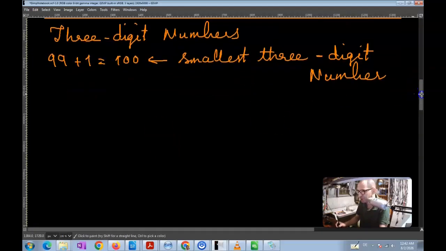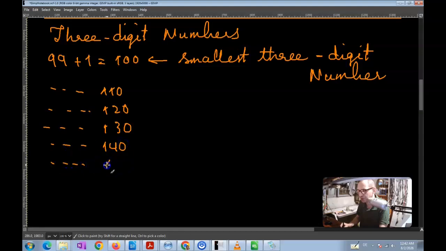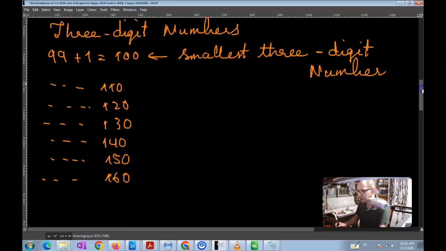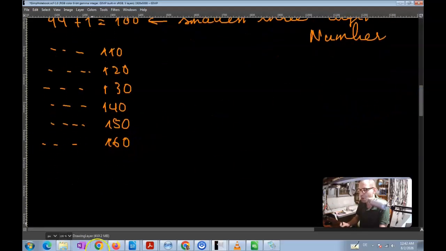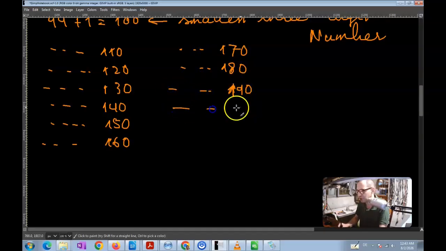We can keep going with this, meaning that you can go all the way up to 110, then 120, 130, 140, 150, 160, and you can just keep going with this all the way up to 170, 180, 190, 200, and then you have 210.